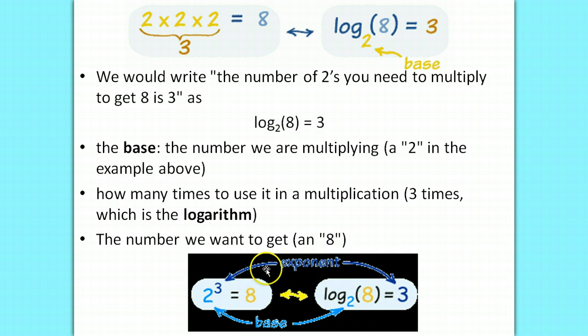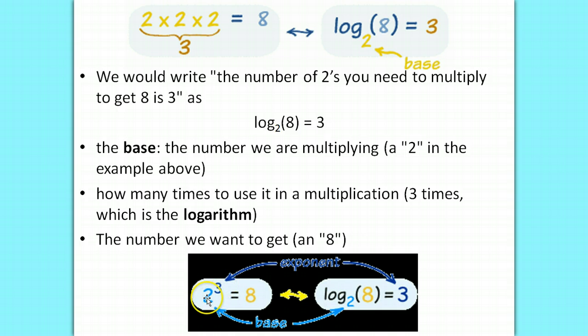You can see this chart shows how the exponent and the base are related. The exponent is your actual answer, or your logarithm, in logarithmic form, and the base is always the number in the basement.